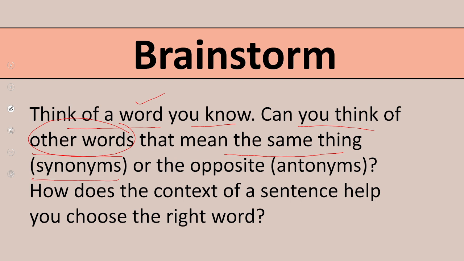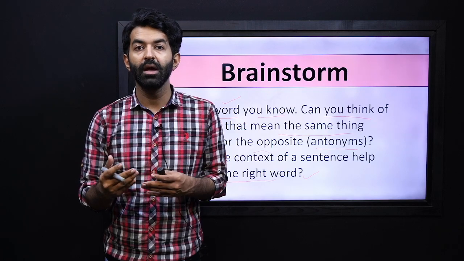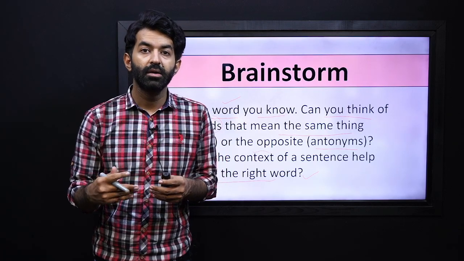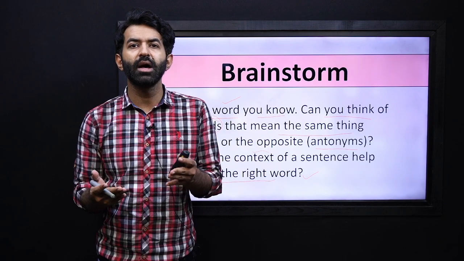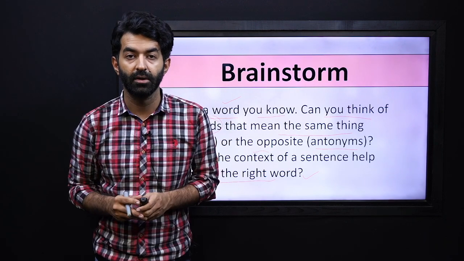Or the word that you have selected, can you think of the opposite word, also called antonyms? And how does the context of a sentence help you choose the right word? Since there are so many similar words and opposite words, but they actually differ in their meaning in some sense, we have to choose the right synonym and the right antonym.